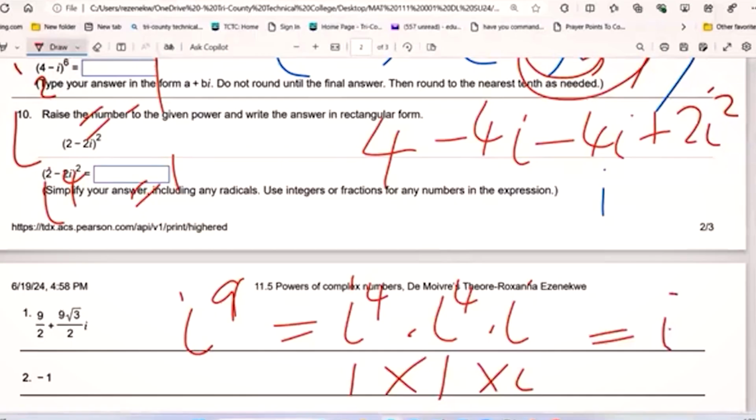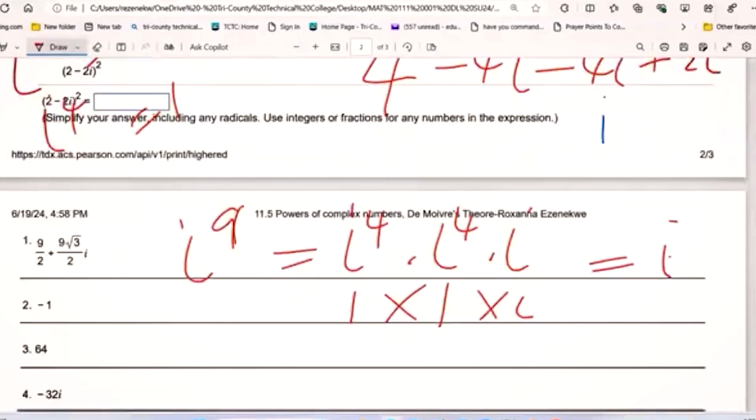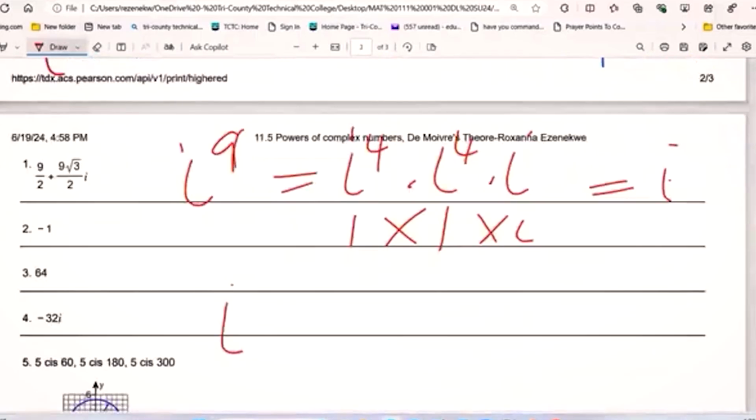Well, suppose I am told to evaluate i to the power 99. Let me just pick a number, let me say i to the power 86.